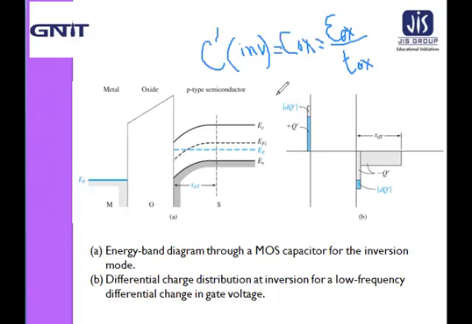When the accumulation occurred, the capacitance of the accumulation mode was also the oxide capacitance, epsilon OX by TOX. Next was the depletion mode, for which the capacitance changed, and after that, when the inversion condition comes, the capacitance is the same as the oxide capacitance, that is COX equal to epsilon OX by TOX.